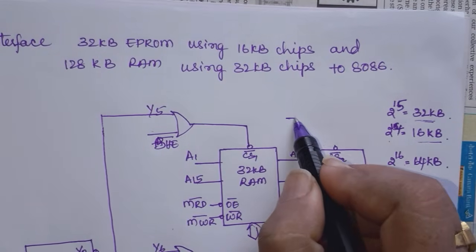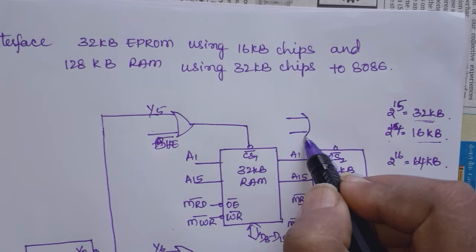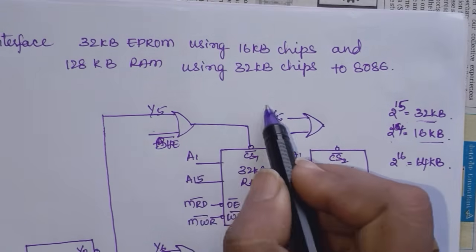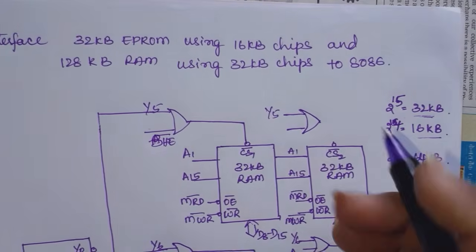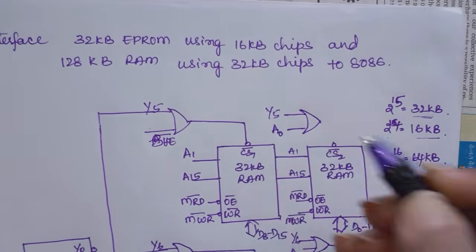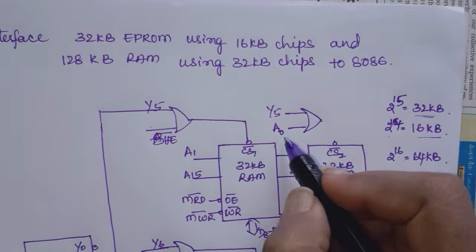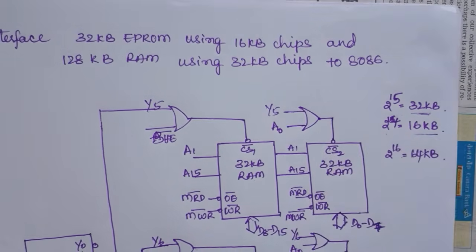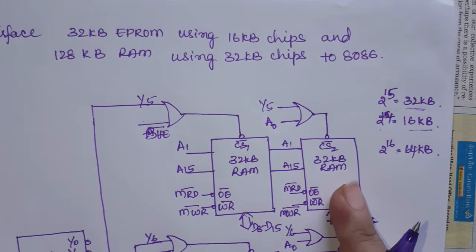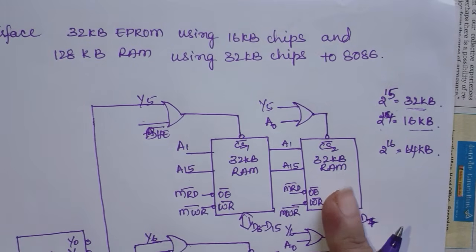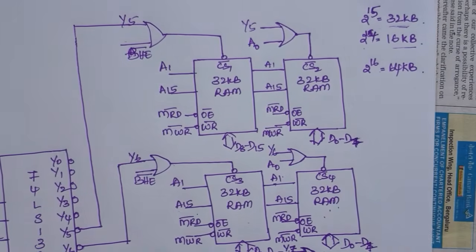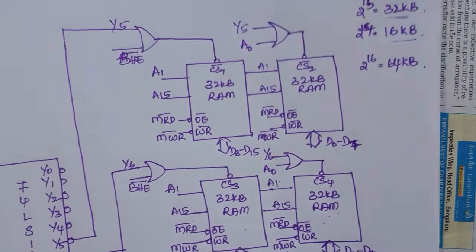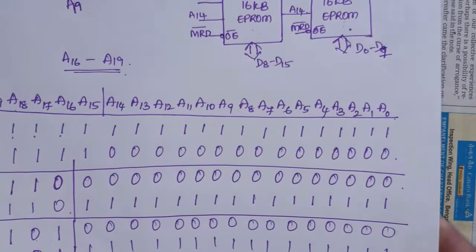The same Y5, I'm not connecting so that it looks clean. A0 is given as input here, and this output is used in selecting this particular bank. So this is how these RAM chips are selected for the addresses we have chosen here.